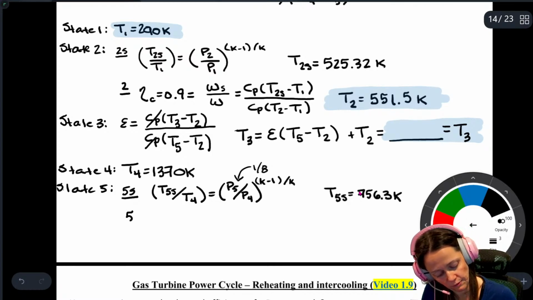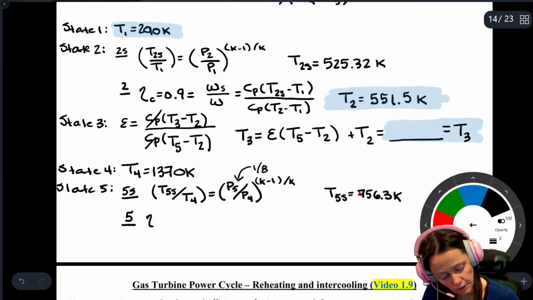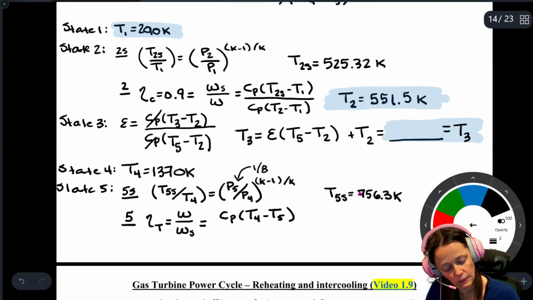Of course, we don't need 5s, we need 5. The isentropic efficiency of that turbine is the ratio of the two works. Ideally, you get a lot of work out of it. So this is going to be CP (T4 minus T5) over CP (T4 minus T5s).